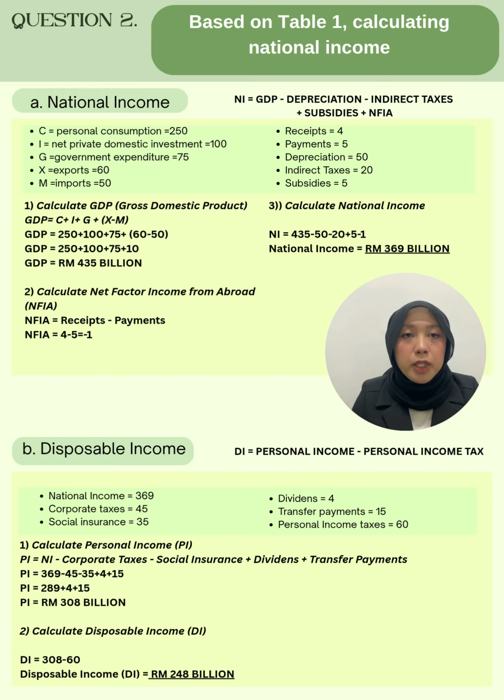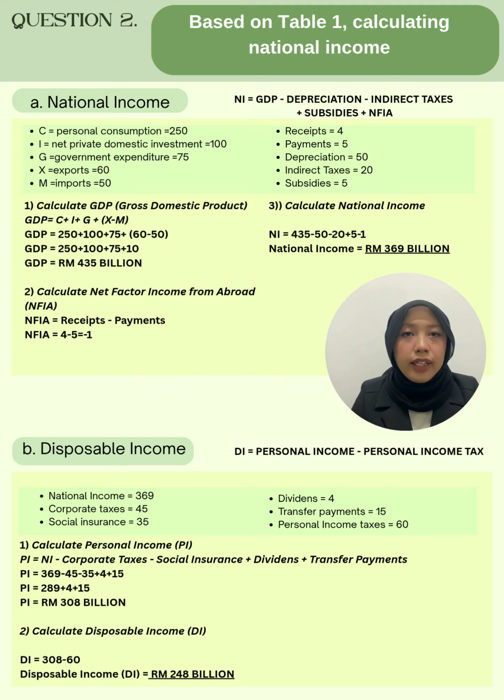Next is B, calculate the disposable income. The formula for disposable income is personal income minus personal income tax. First, we need to find the personal income using the formula personal income equals national income minus corporate taxes minus social insurance payment plus dividend plus transfer payment. According to the table, personal income equals RM369 billion minus RM45 billion minus RM35 billion plus 4 billion plus RM15 billion.